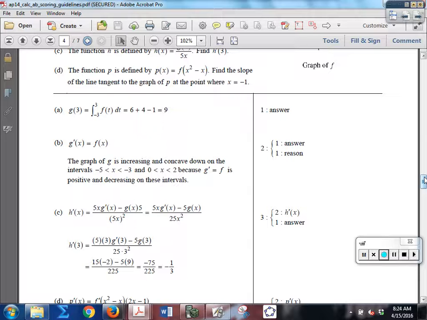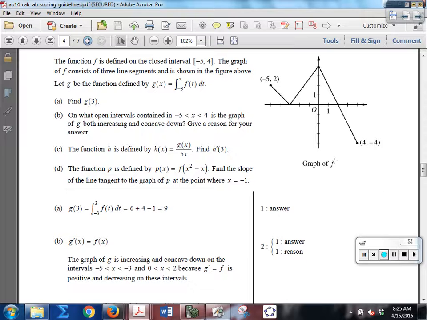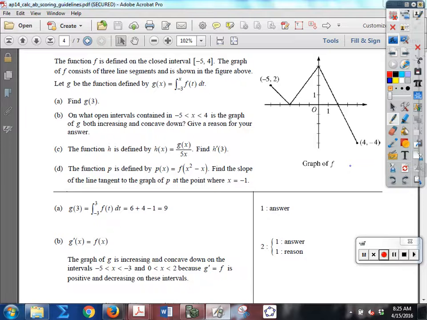You're plugging in 3 for your x. G prime of x, whatever this y value is, that is g prime of x. So at 3, my y value is -2. Oh, and you had this as -1, and then that messed up everything, right? So since this is g prime, the g prime of 3 is just this y value, -2.